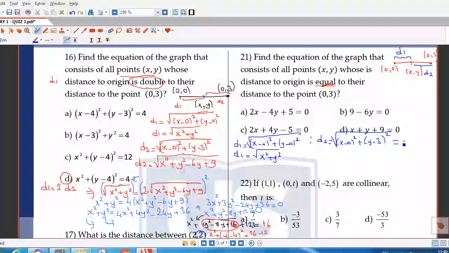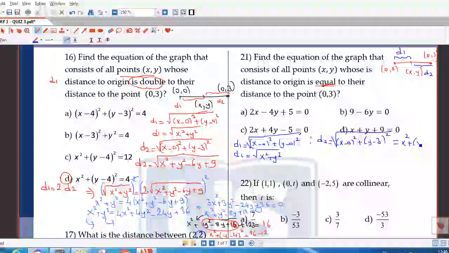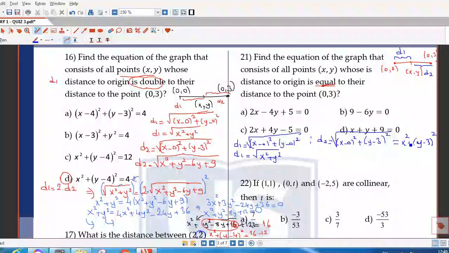So it becomes the square root of x squared plus y minus 3 squared. The relation between the two distances is that they are equal to each other, so D1 is equal to D2.